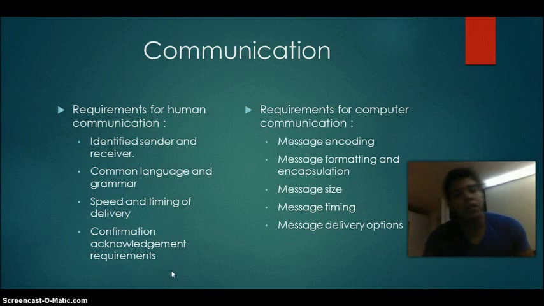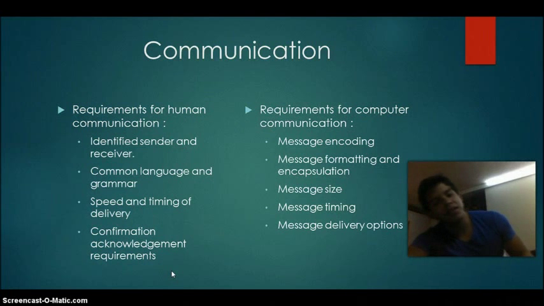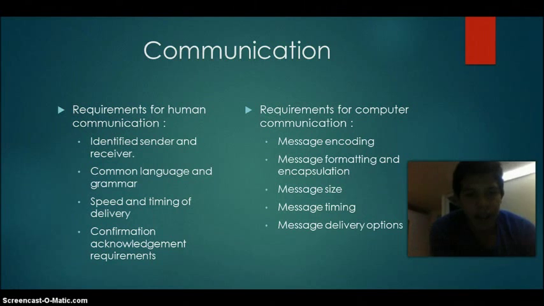And also confirmation of acknowledged requirements is necessary. This means that the communication will happen.